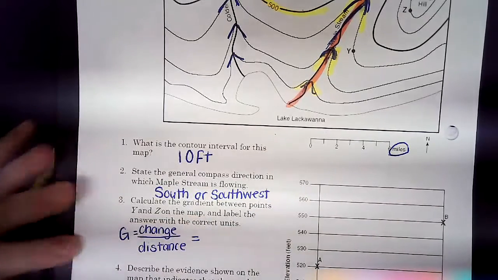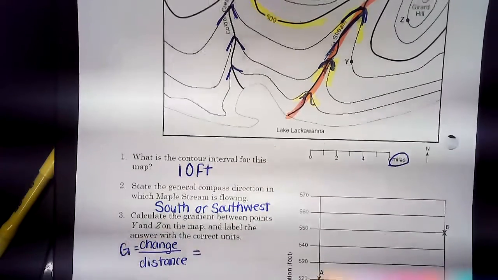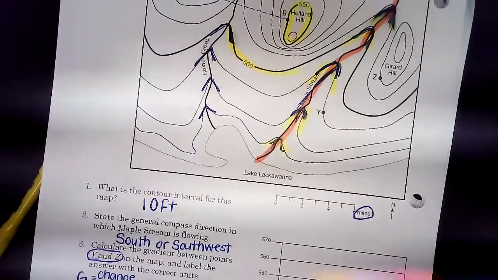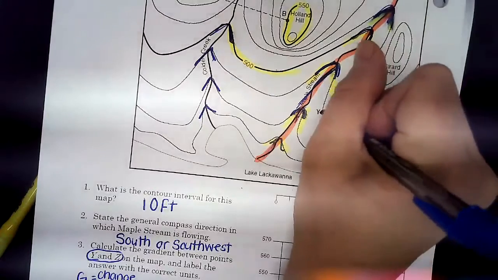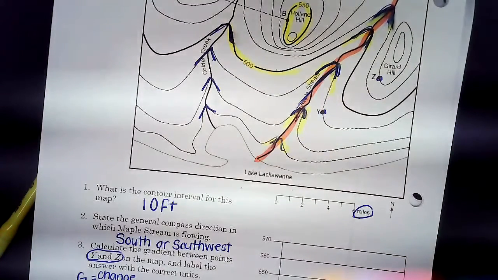And by the way, if you read all the words, what two letters are we doing this in between? Y and Z, guys. I have more than 2 people in my class. I need everyone participating. Here's Y, here's Z. We need to first figure out how much it changes between Y and Z.